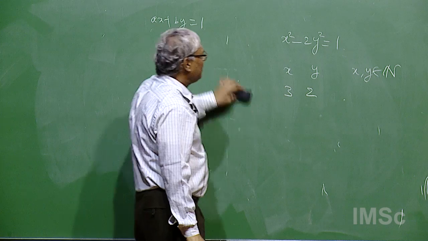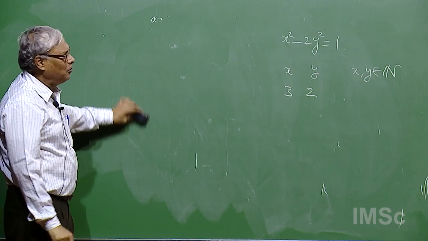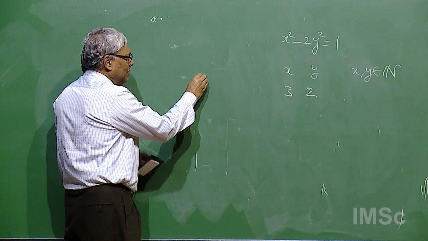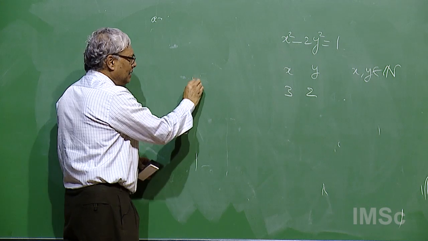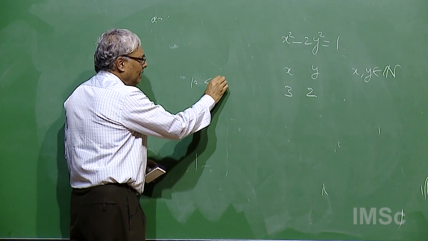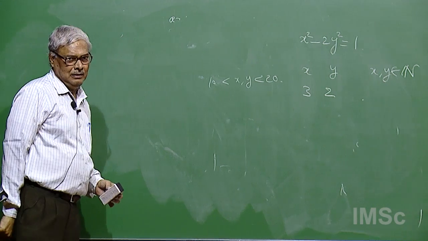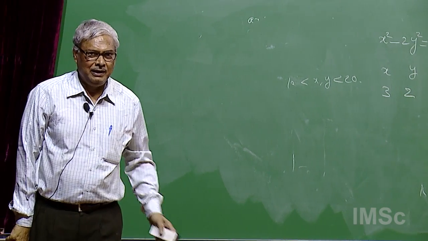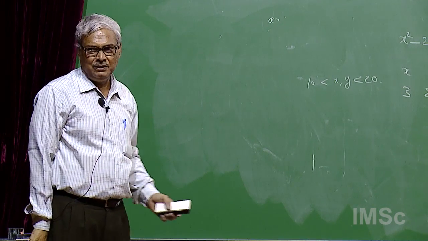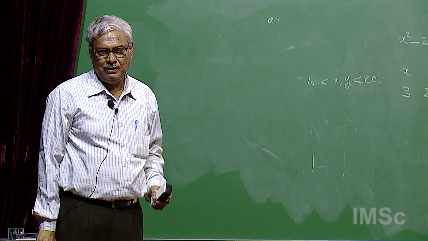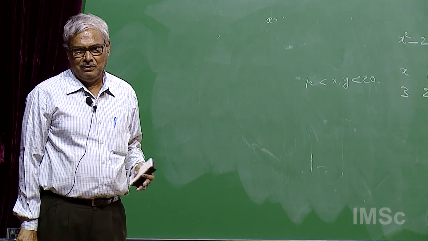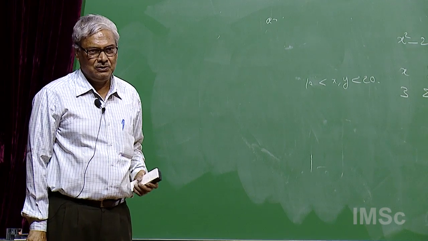Now guessing the next solution will be slightly more difficult, but let me give a hint that the next solution has both the values between 10 and 20. Suppose I give the hint that the next pair of numbers are both between 10 and 20, what would be the exact values?